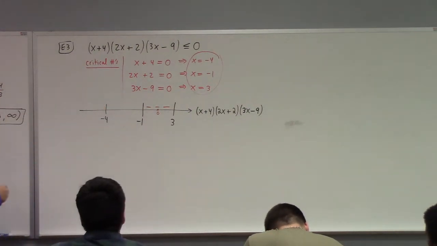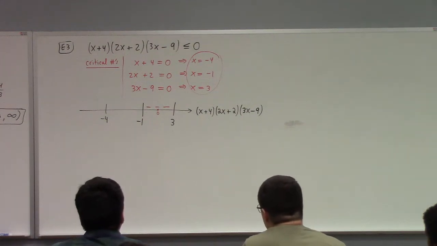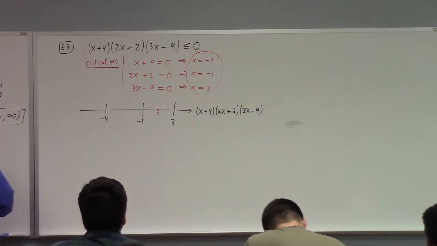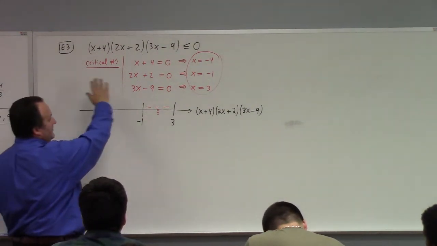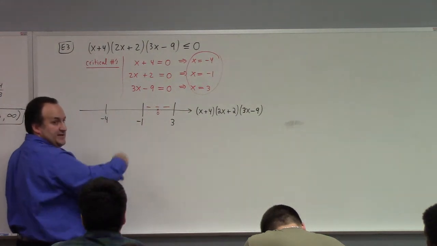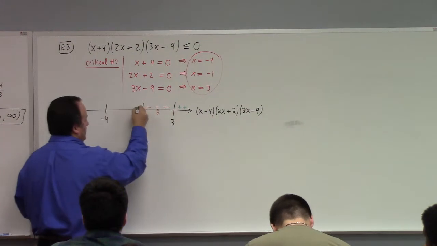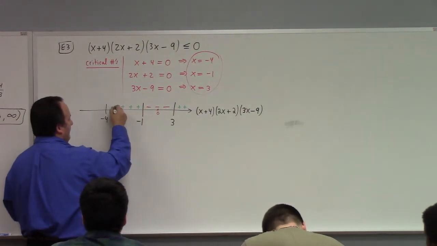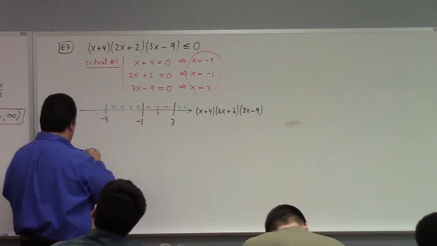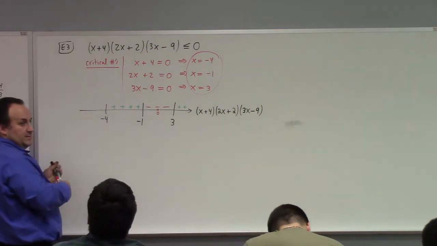Now what? Yeah, now we can use the sign flip theorem. These are all linear, which means we're going to change from plus to minus at each critical number. So minus changes to plus. And then here, plus changes to minus.